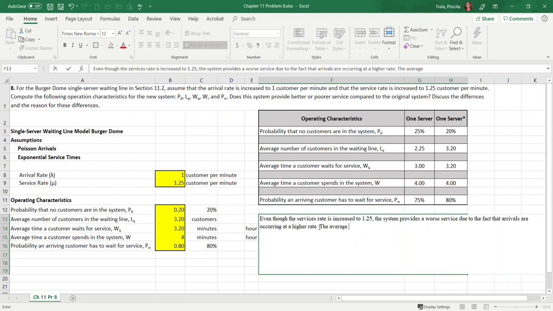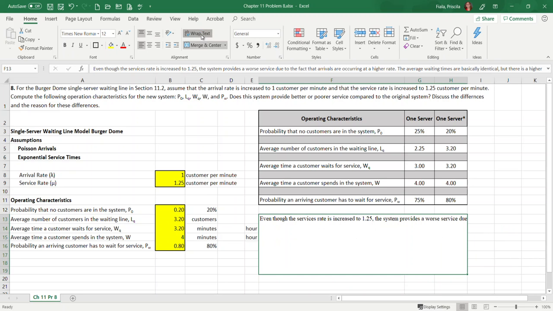The average waiting times are basically identical with the exception of WQ, but if we're going to round down anyway, they are basically identical, but there is a higher probability of waiting, and the number waiting increases with the new system.